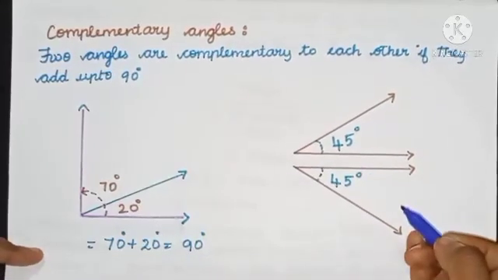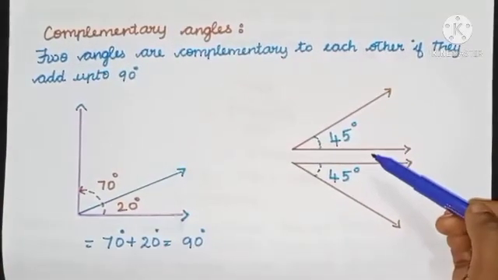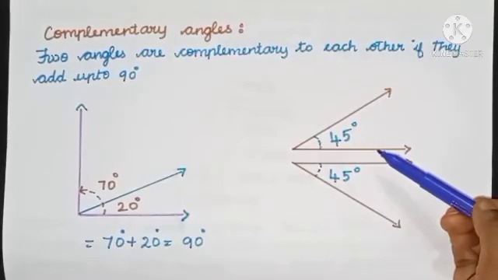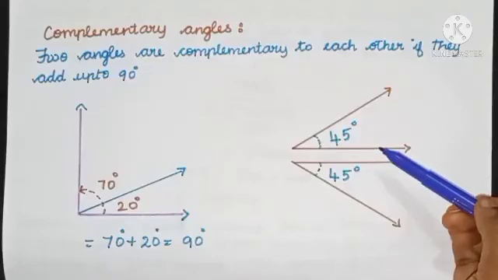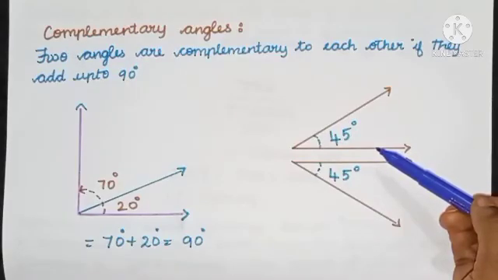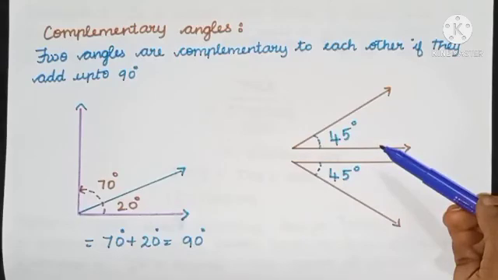Let's check with one more example. See here, a pair of angles is given. We have to find whether it is a complementary angle or supplementary angle. Students, as we already know, complementary angles means they add up to 90 degree. If it is equal to 90 degree, then it is called complementary angles. If it is not equal to 90 degree, below 90 or above 90, then it is said to be non-complementary angles.